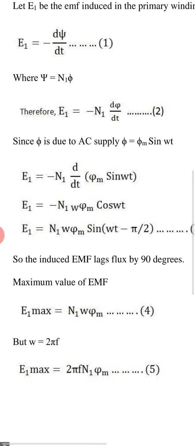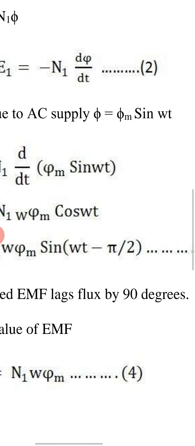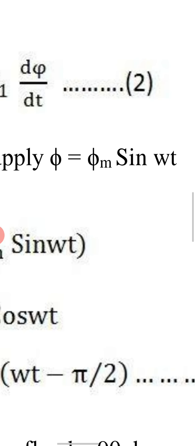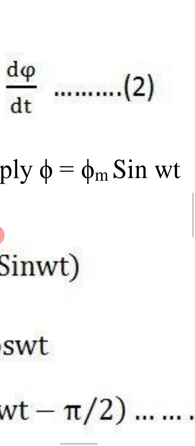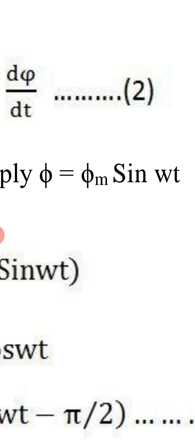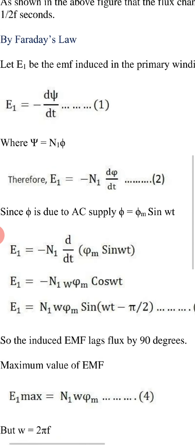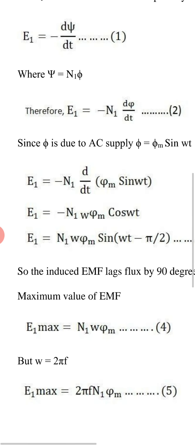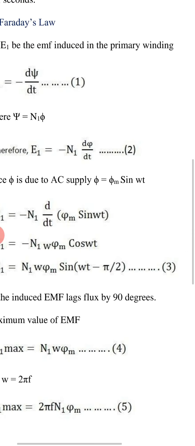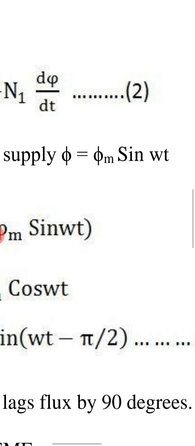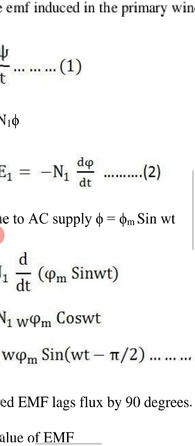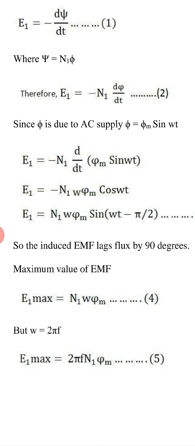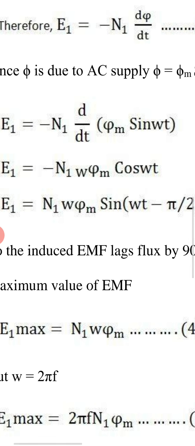Since the flux is due to AC supply, it is also of alternating nature. We know that the standard equation of an alternating quantity is phi is equal to phi m sin omega t, where phi m is the maximum value of the flux. Now putting the value of phi equal to phi m sin omega t in equation number 2, we get E1 is equal to minus N1 d by dt of phi m sin omega t.